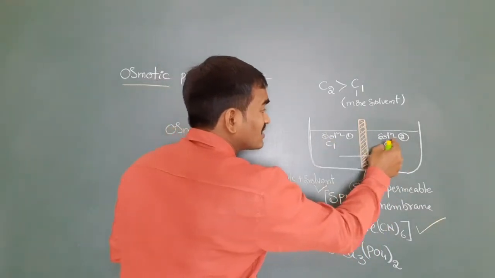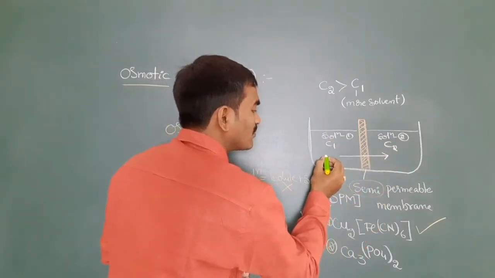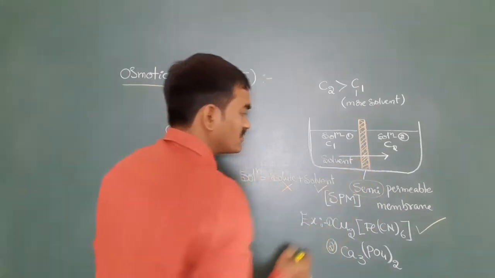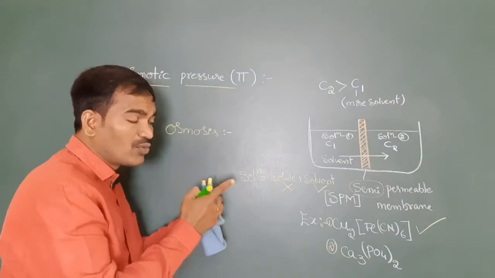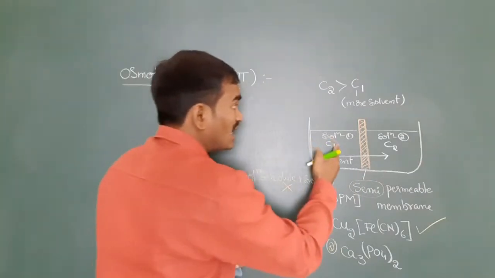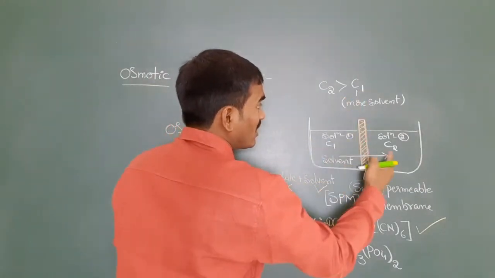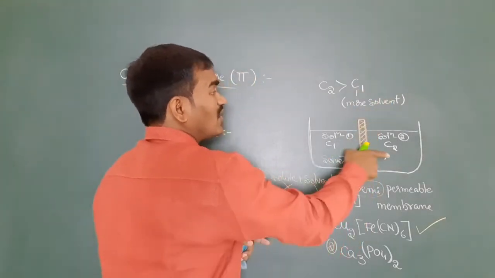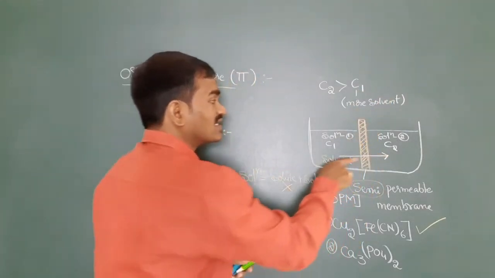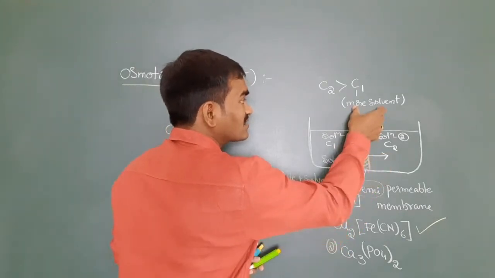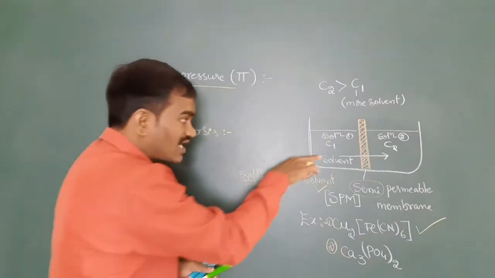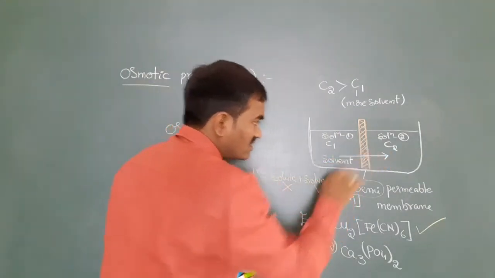I am talking about solvent molecules. Why do the solvent molecules move from low concentration to high concentration? Because low concentration means more solvent, and those solvent particles are moving towards this side.